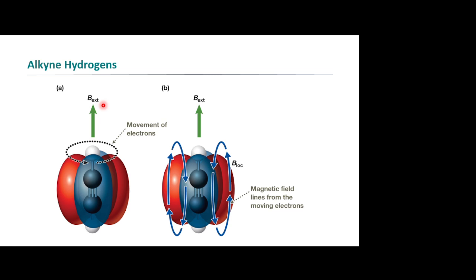And that means that our magnetic field actually opposes this magnetic field here. It adds additional shielding. Now, notice that this is actually the most acidic of the hydrogens, isn't it?